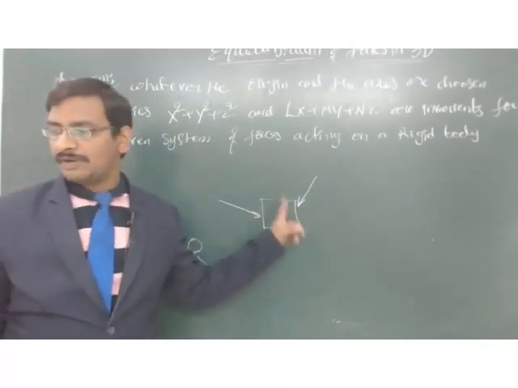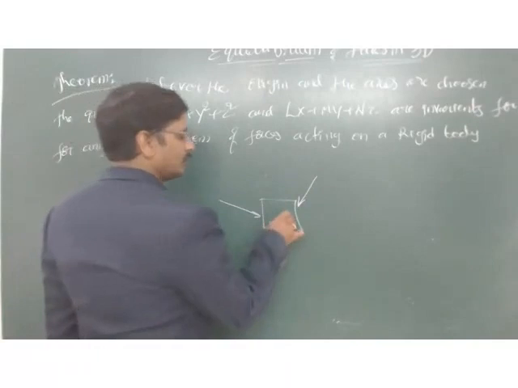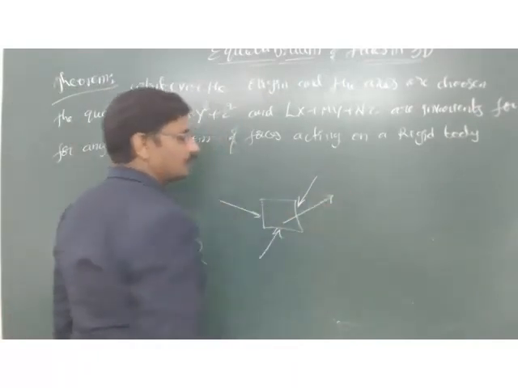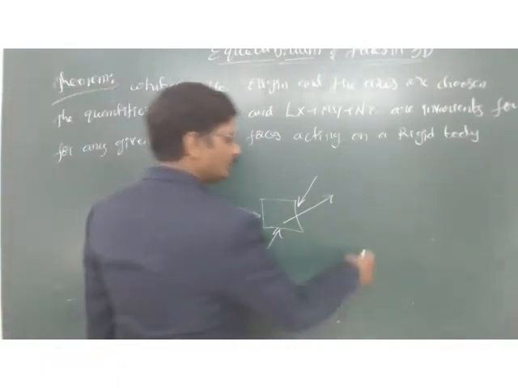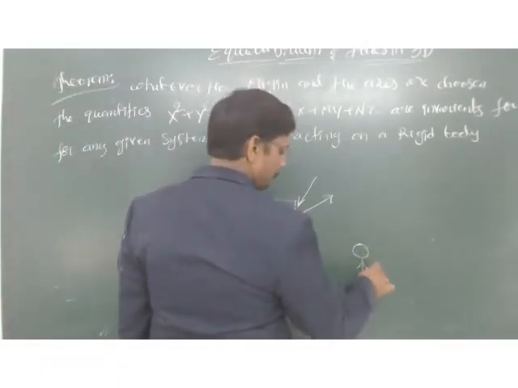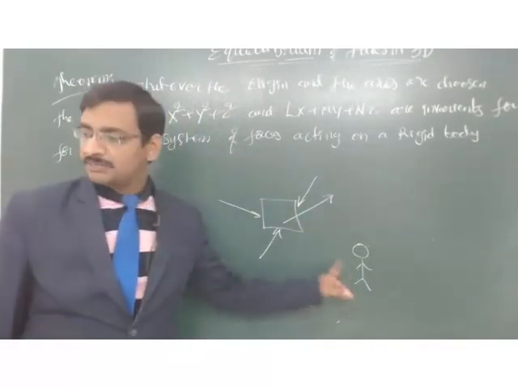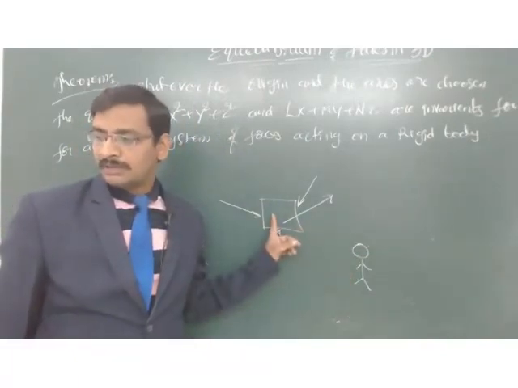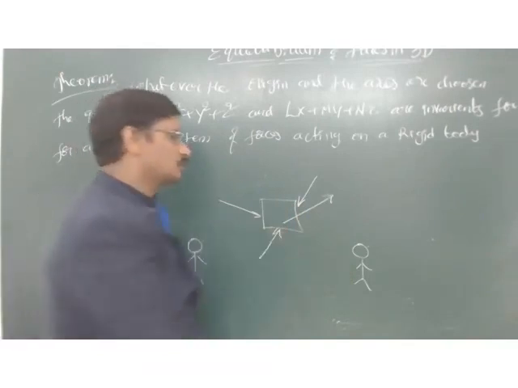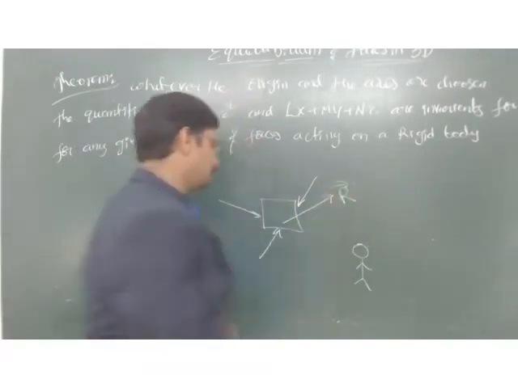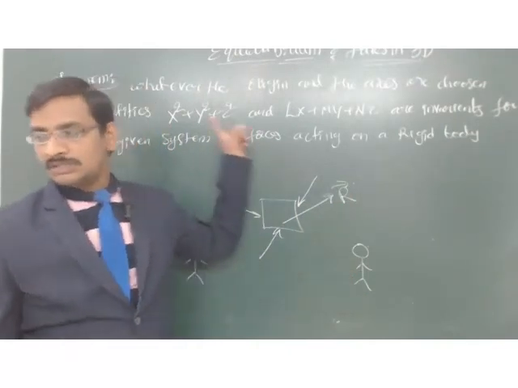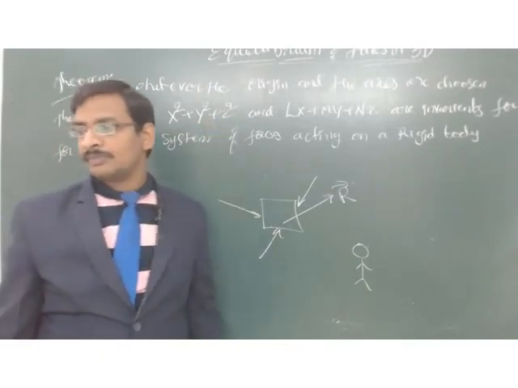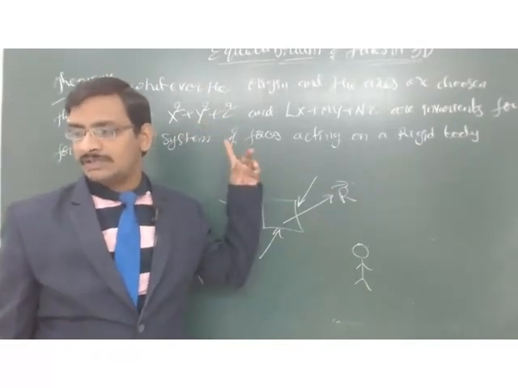This will have a definite resultant, and let us say this is the direction of the resultant. If the same person looks from here, the orientation may be different for him, but will the magnitude of the force be a different value whether he looks from here versus here? Got it or not? Obviously no.